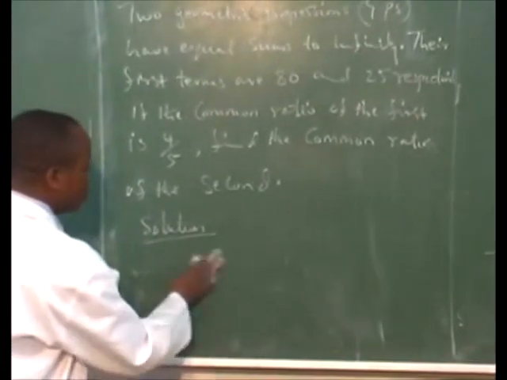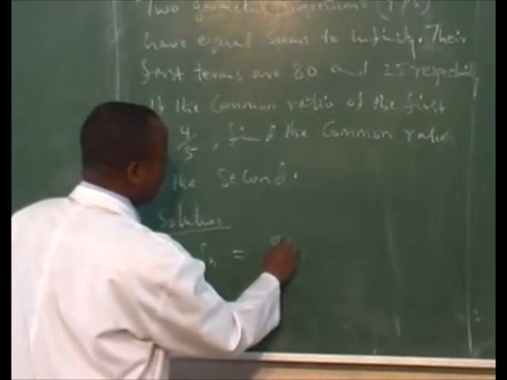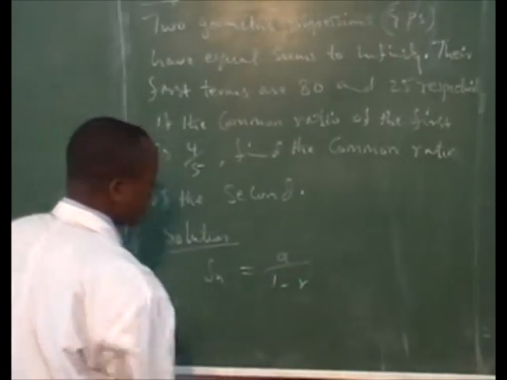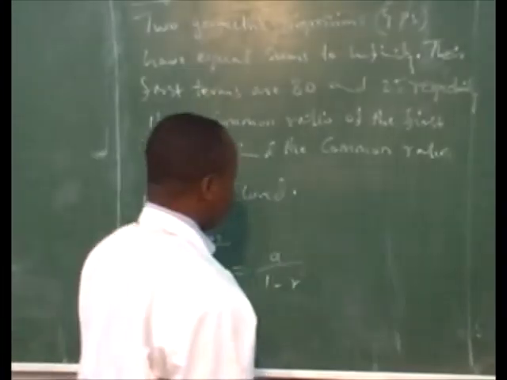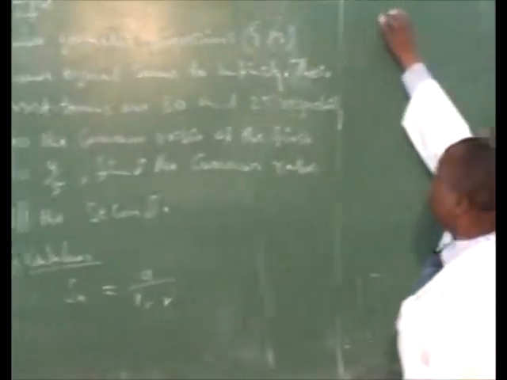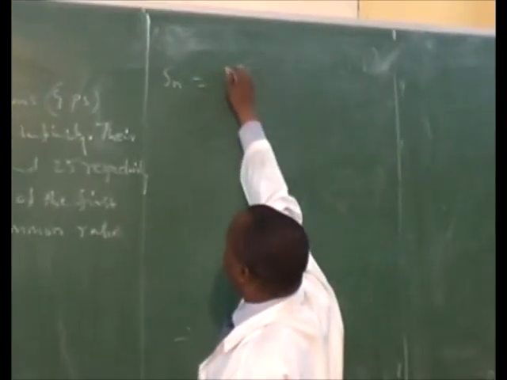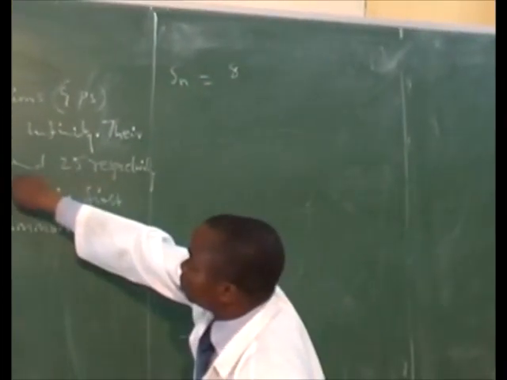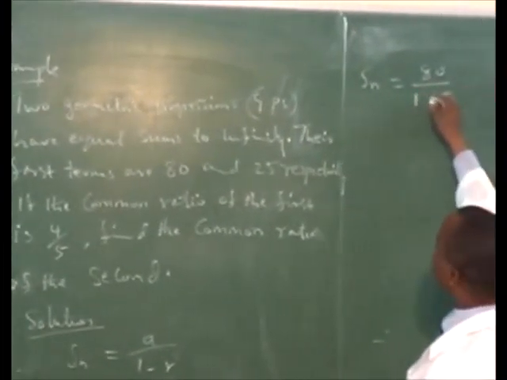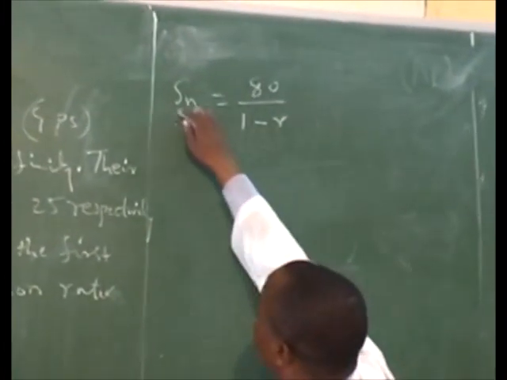We know that Sn to infinity is given by A all over 1 minus R. Now, let's take the first sum to infinity, Sn, with first term 80 according to the first one. You have 80 here, all over 1 minus R. That is Sn1.